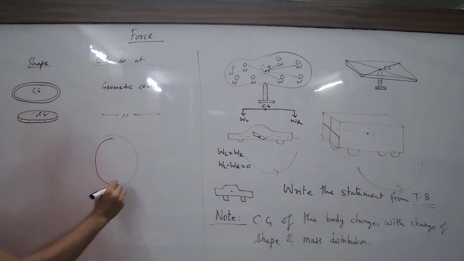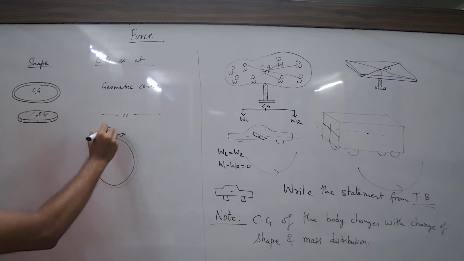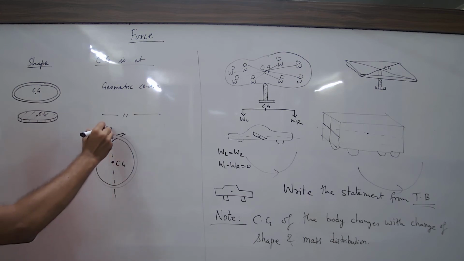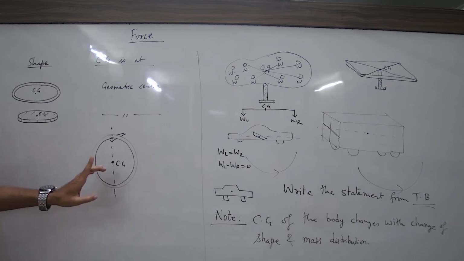Let us say you hang the ring on a nail like this. So it will hang, right? So when you are hanging the ring like this, then the line will pass through the CG. So there are various ways in which you can hang. One is this, right? This nail line is passing through the CG.